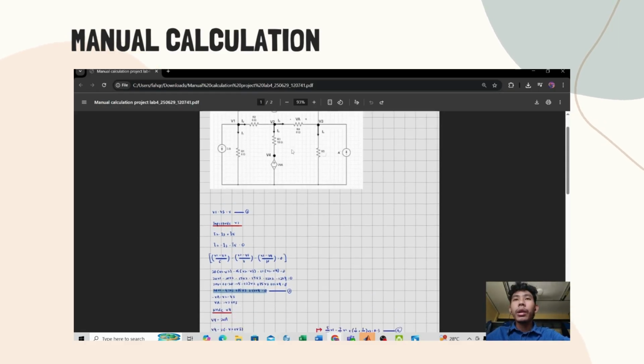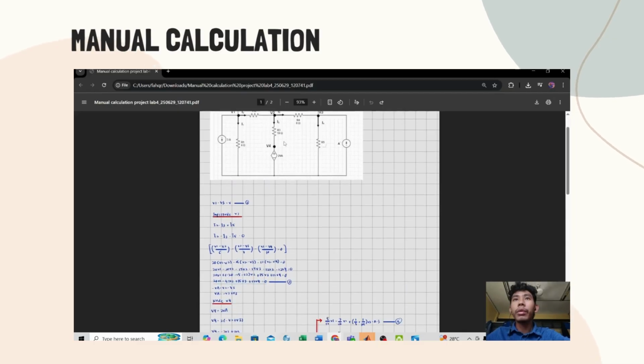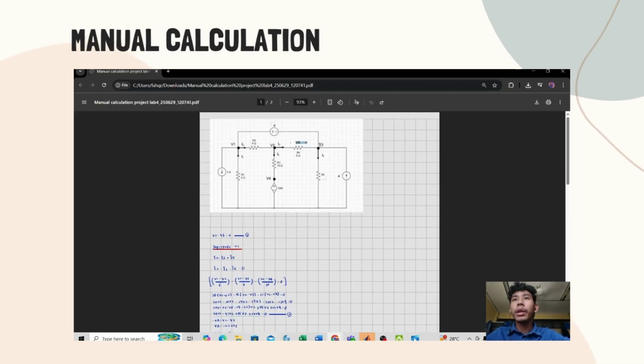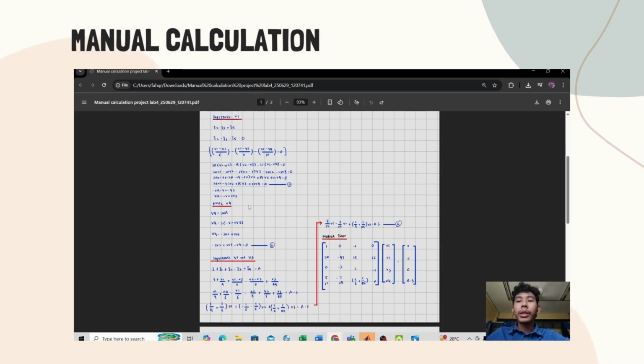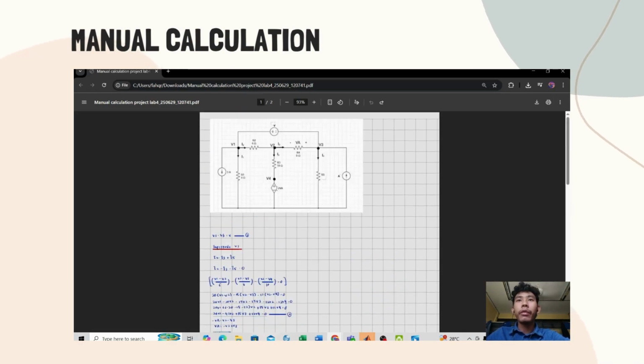Then we know that VA will equal negative V2 plus V3. Over here we write down the equation for VA, equal to negative V2 plus V3. Now we are going to find the voltage at node V4. At V4 there is only one component, the voltage controlled voltage source, which is 2VA, meaning it increases the voltage at VA 2 times.